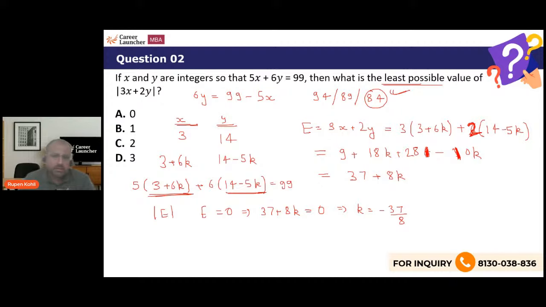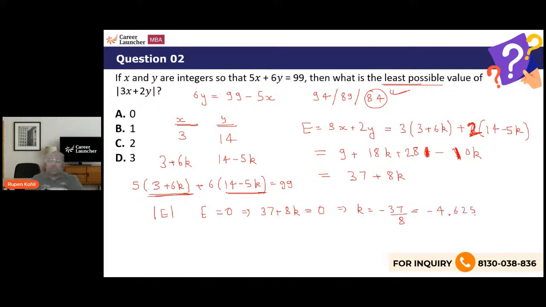But the value which I've got, minus 37 by 8, is telling me that you can try to be as close as possible to this value, right? 37 by 8 is 32, so 4, and then 5 by 8, which is 0.625, right?